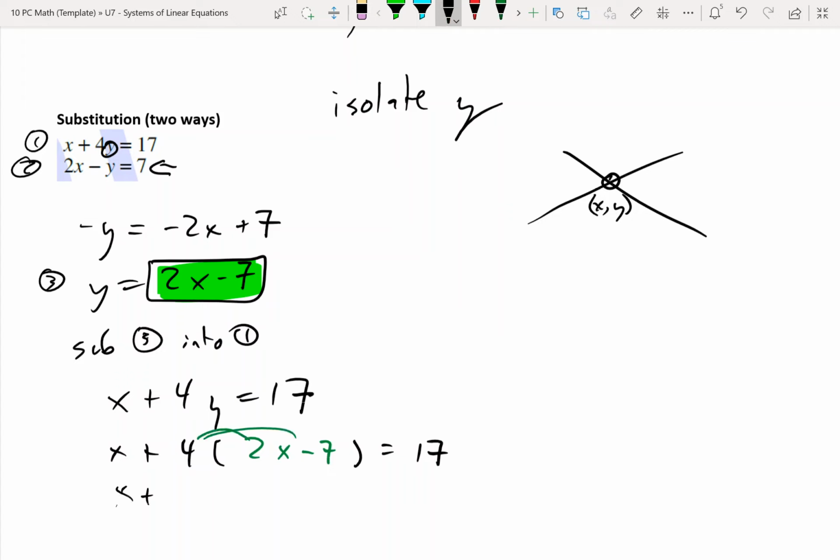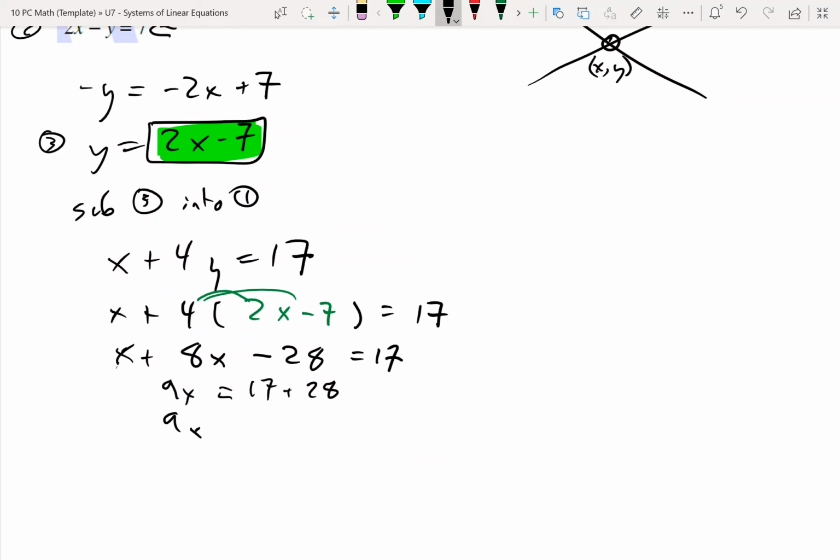So x plus 8x minus 28 equals 17. Now we need to collect all our like terms, so we get 9x equals 17 plus 28. 9x equals 45, so x equals 5.